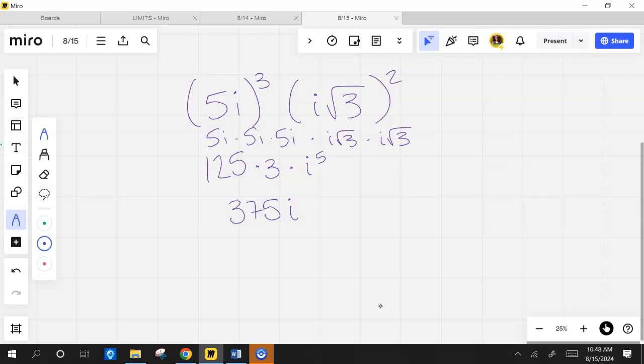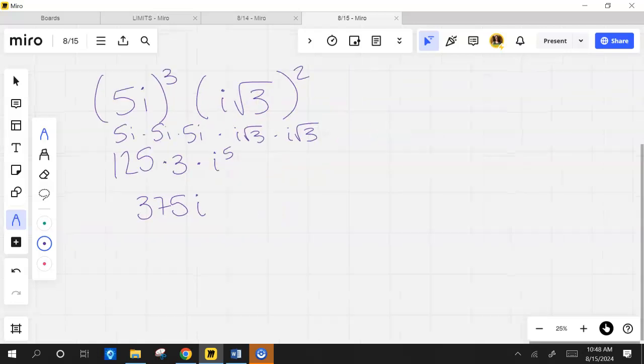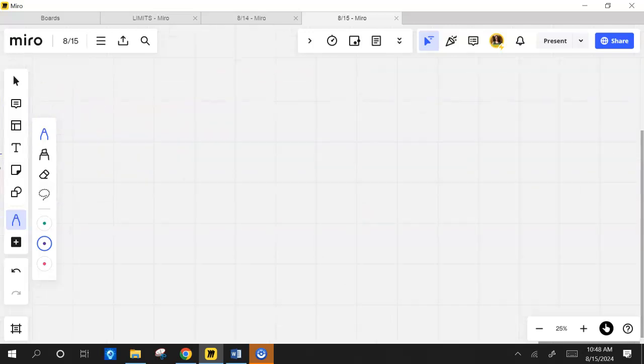Oh. Wait. I swear one i was a square root thing.